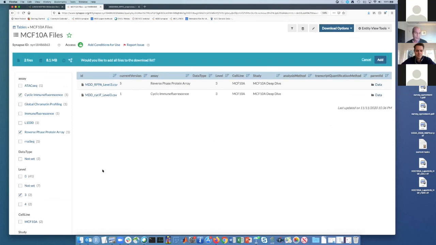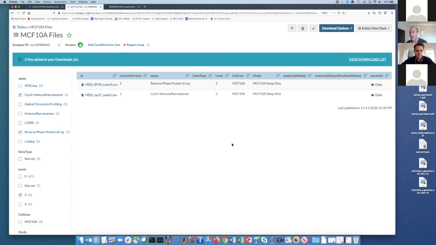I can keep building up my download list, and when I'm ready, I can say download all of those, and Synapse will create a zip file and then do a download for it.